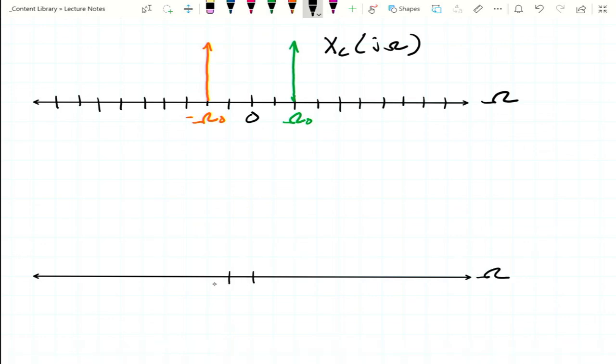Let's see, 0. Okay, now let's say we're going to do the samples at 3 ticks here. So that means our impulse train is going to look like this: 1, 2, 3.